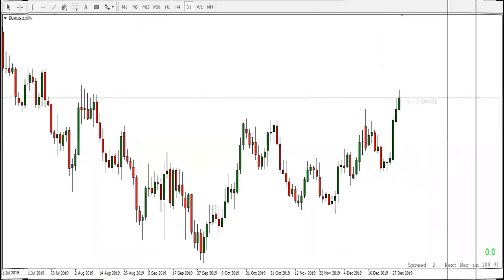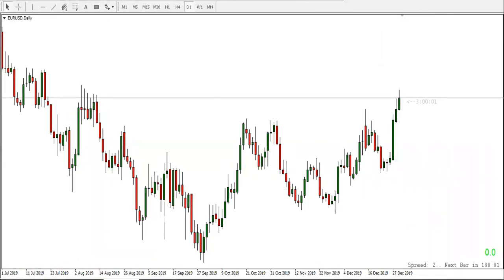Right, let's move on. Let's have a look at the chart. Now, if we're looking from the left to the right hand side, starting on the left hand side, we are actually looking at the daily time frame, as you can see. We see from the left hand side a lot of red candles that have been falling. Now, in the market, this is indicated to us as a bearish market.